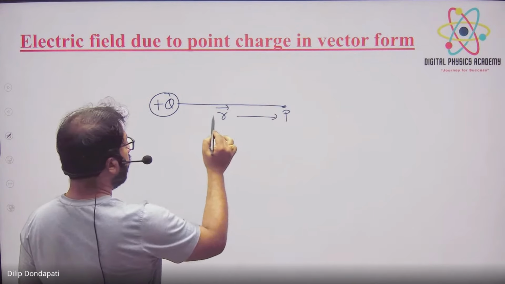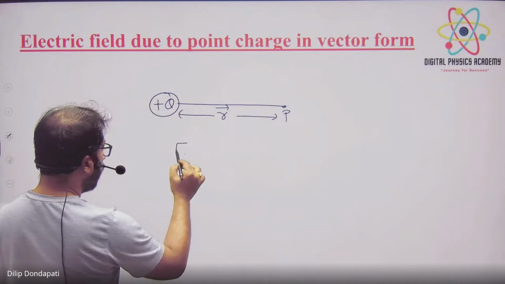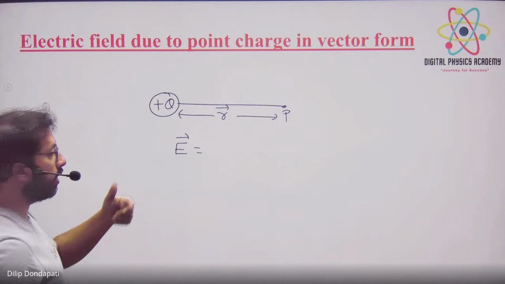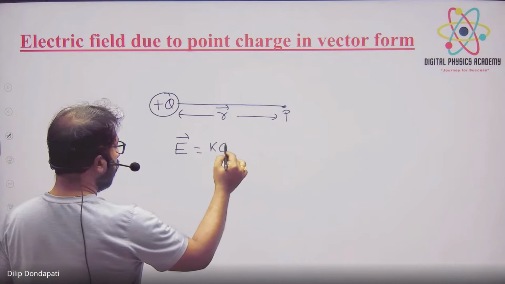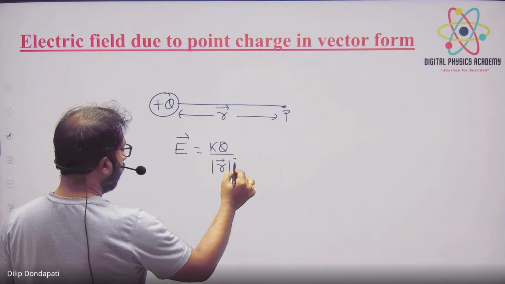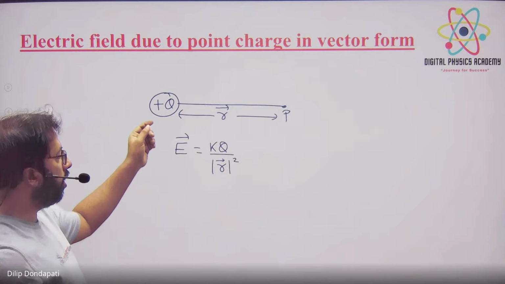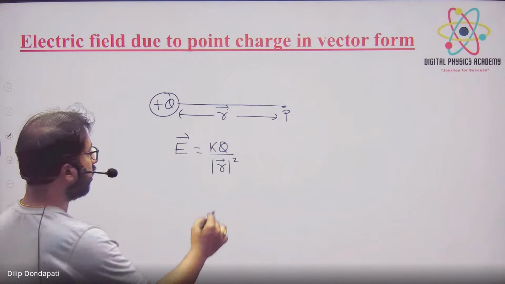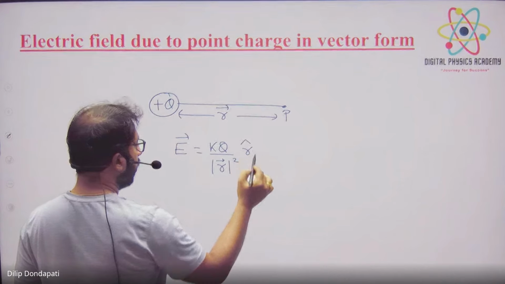So what is the formula we learned? Electric field intensity in vector form: a vector has both magnitude and direction. Magnitude is K Q by mod r square. Direction is given by a unit vector, and the unit vector of r vector is what they put.